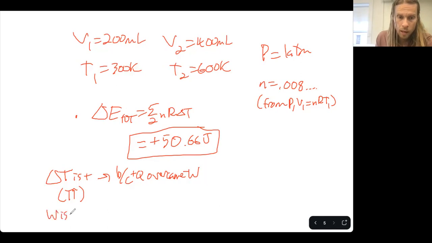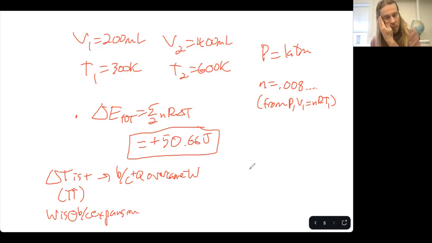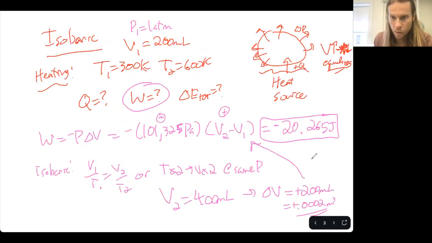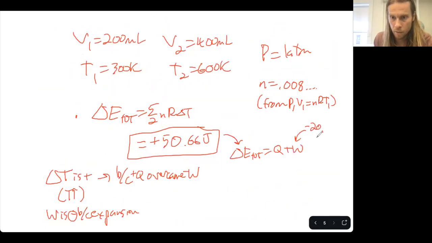Remember, work is negative because of expansion. And we have delta E total equaling Q plus W. So this thing goes in there. The work of negative 20 point, what was it again? 265 goes here.